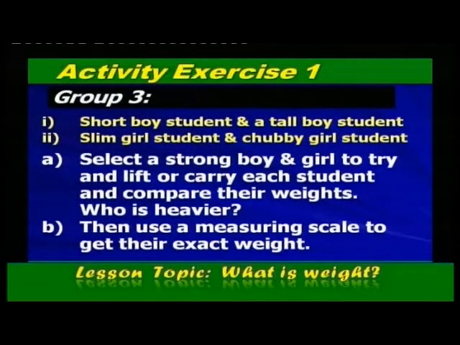And group 3, this is what you're going to do. For the boys, select a strong, muscular student in your class, or whoever is stronger. They will try to lift the short student and the tall student to compare their weights. Who is heavier?